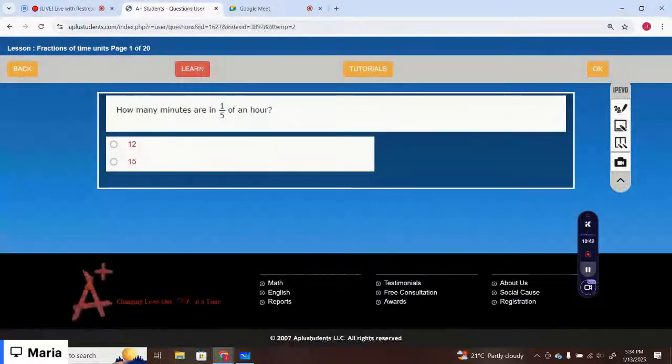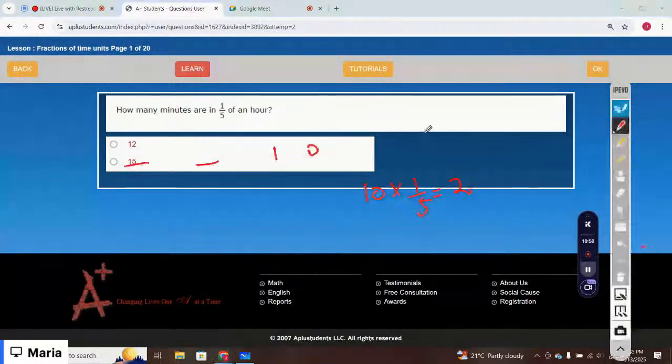How many minutes are in 1/5 of an hour? Which is the correct option? 1/5 of an hour. So you have to calculate 1 by 5 times 60, because in 1 hour you have 60 minutes. So you have to divide 60 by 5. 5 times 2 is 10, and 5 times 12 is 60.